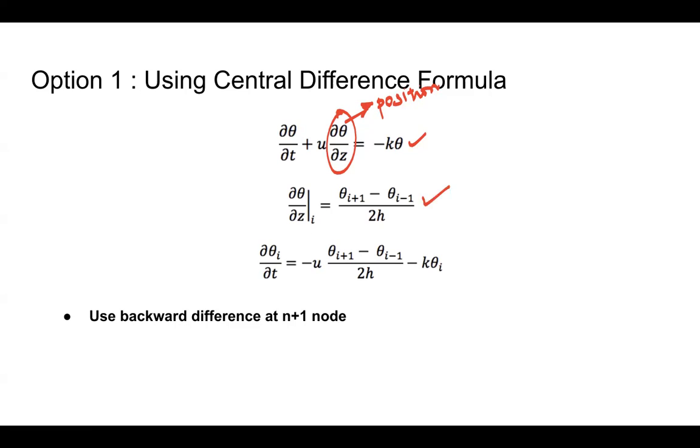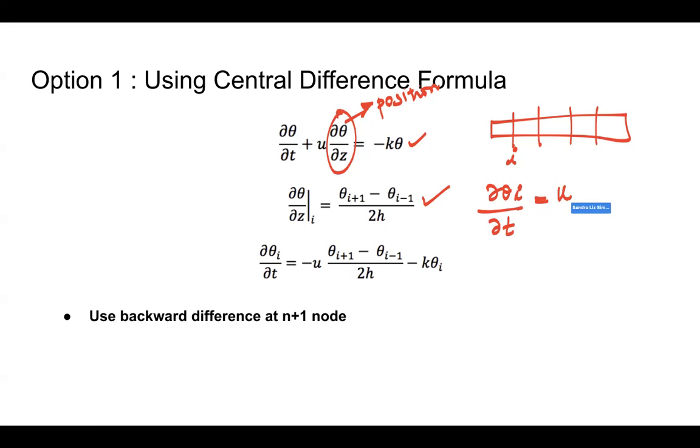So for a particular interval, d theta I by dt is equal to, u is a constant, so you will have d theta by dz at I, minus k theta.